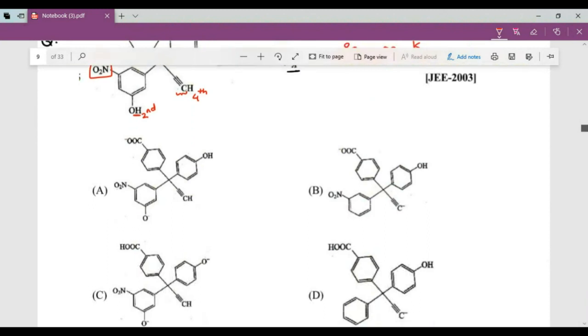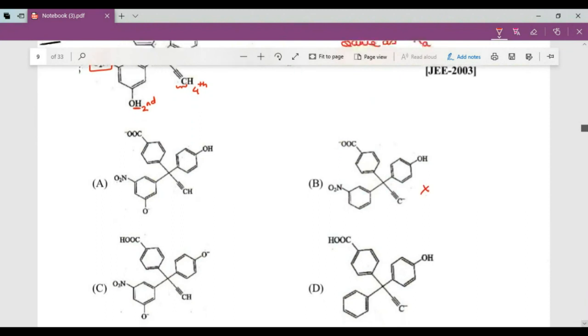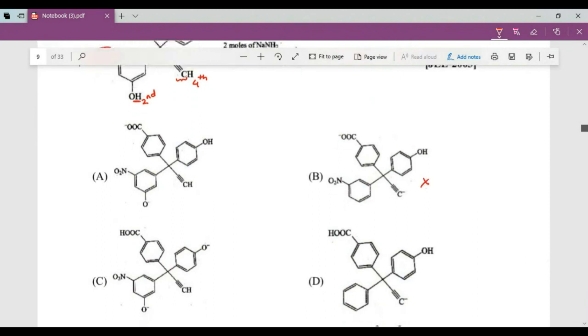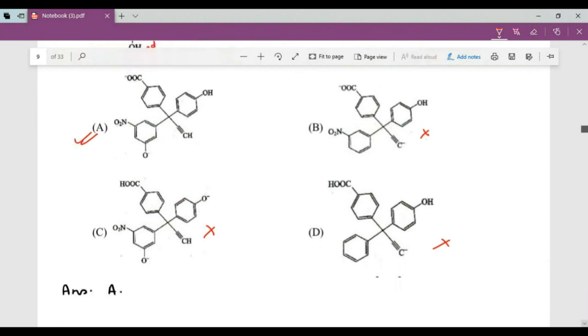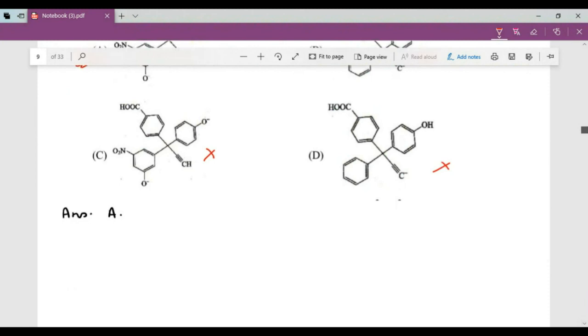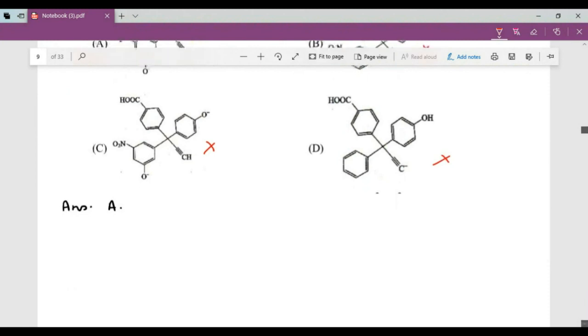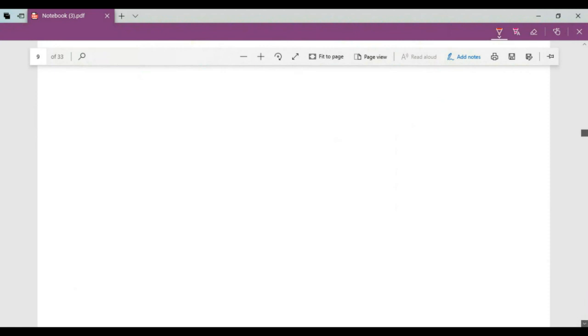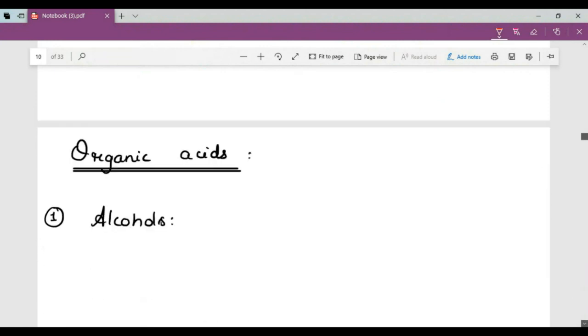Here CO minus and O minus, others are maintained intact. Here CO minus and C minus, no, not possible. Here the group is totally gone, and these are the two phenols, not possible. Answer should be A, and it was given A. So whenever they ask, you should react in the decreasing order of their acidity. Higher the Ka, faster will be its acid-base reaction.